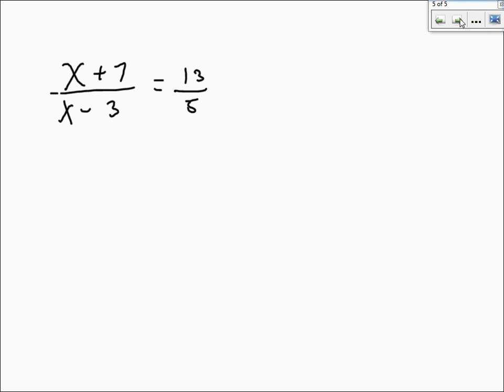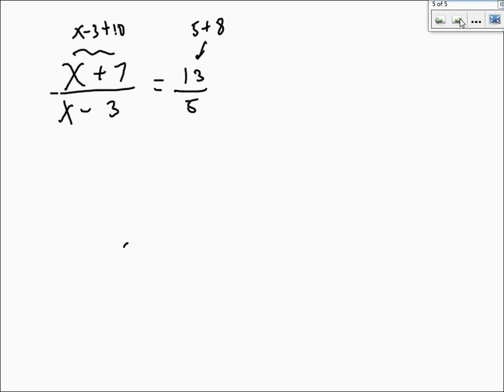Now, the top is 10 bigger than the bottom, because x plus 7 is the same as the bottom plus 10. So the bottom is 10 bigger. But over here, the top is only 8 bigger.